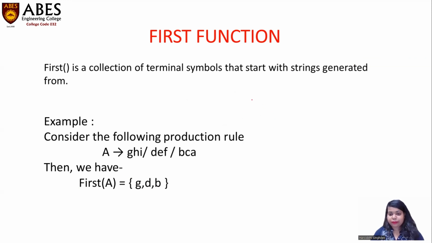Suppose in a compiler, we have a very well-known topic called parsing. In parsing, the compiler checks whether the string we are generating by the production rule is going to be accepted or not. For example, suppose there is an input string buffer in which we have the string ab, a small a followed by a small b.